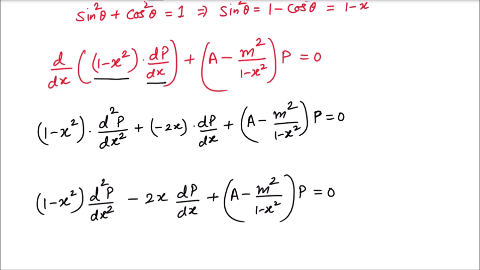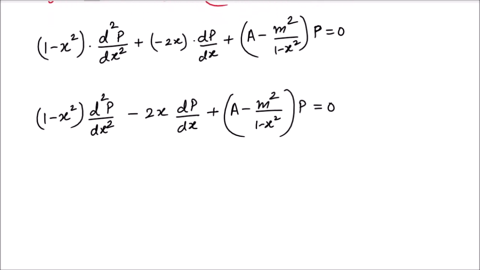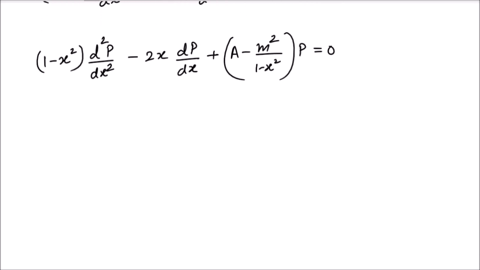Now, in this case, the difference is that the coefficients of this differential equation are not constant, but depend on x. So now to solve it, we have to use the associated Legendre type differential equation.